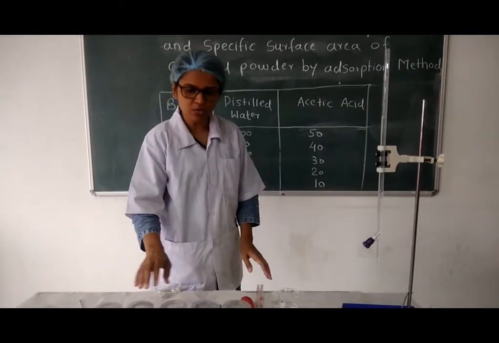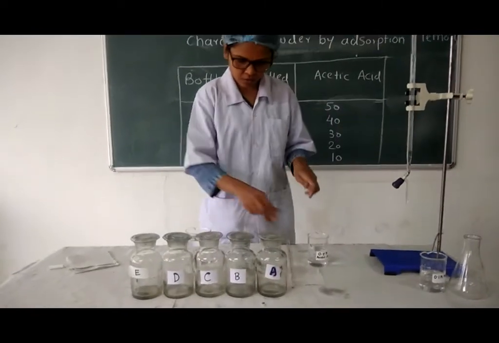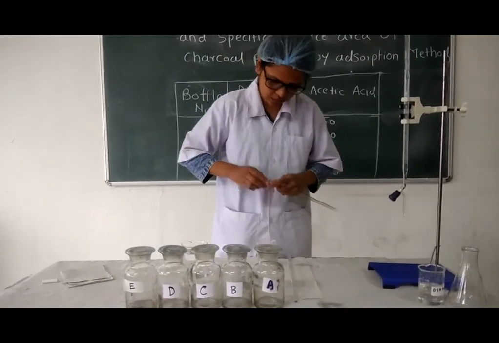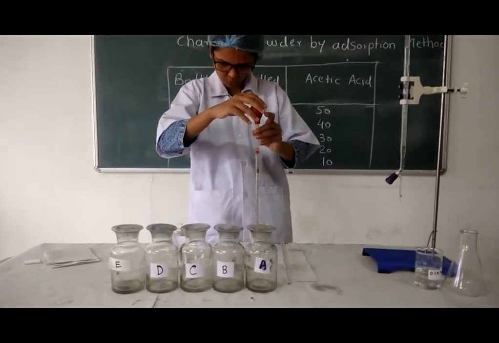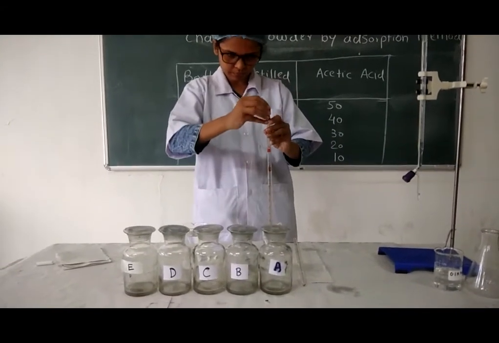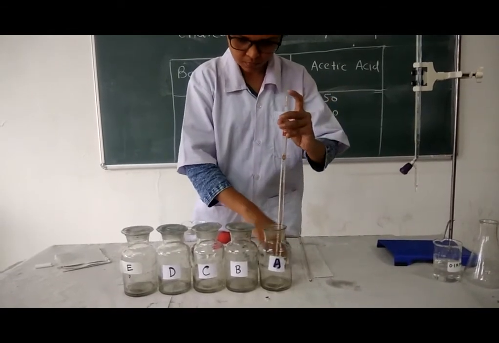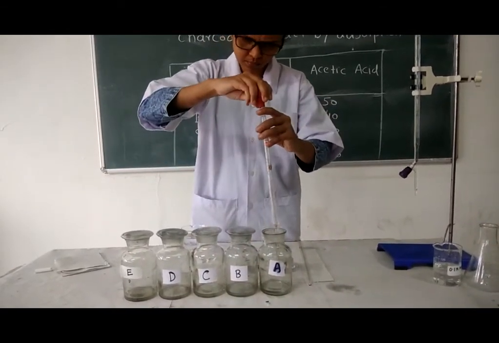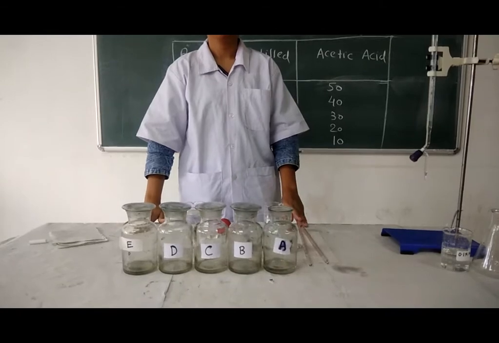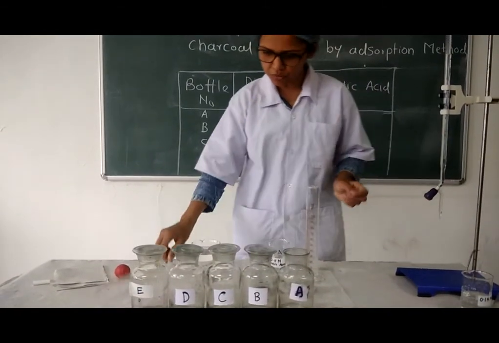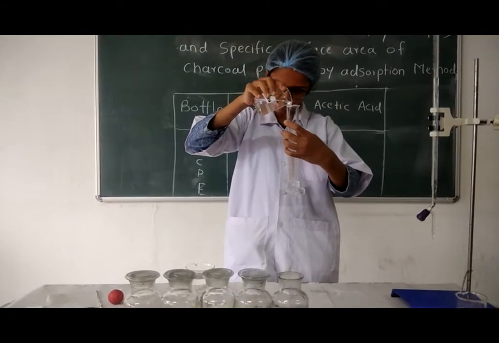Adding these quantities into this reagent bottle. So in the first bottle, only 50 ml acetic acid is required to add. No need to add distilled water. So quantities are high, so we can also use this measuring cylinder. Already I have added 10 ml, now I am adding 40 ml.